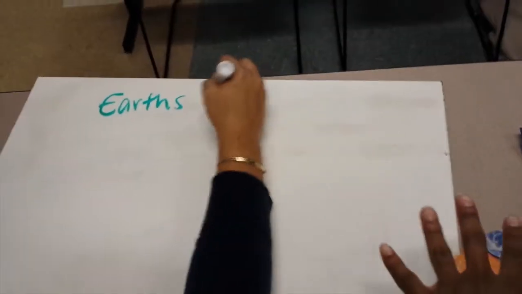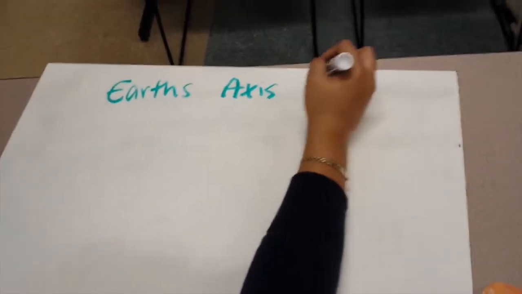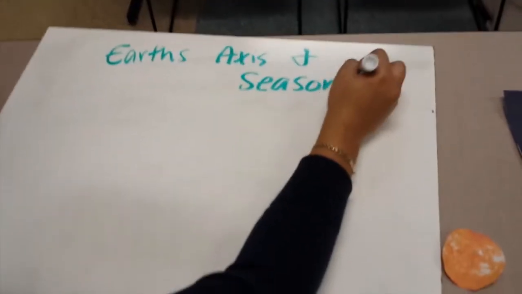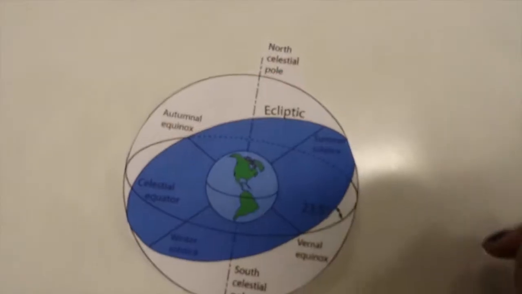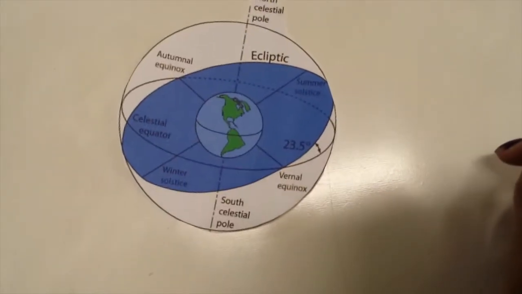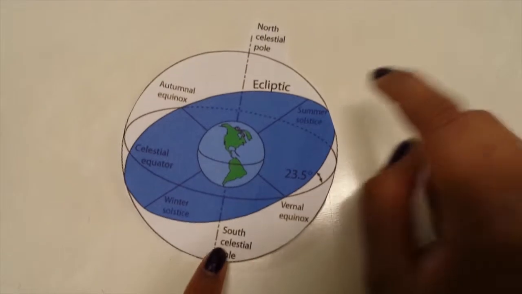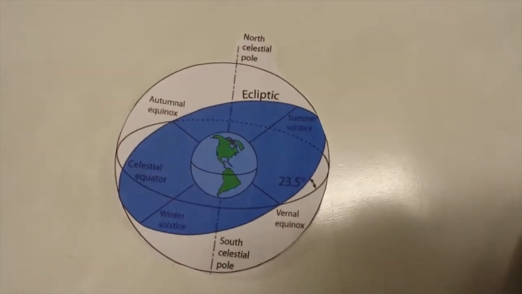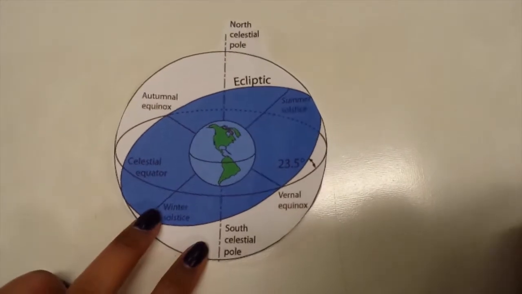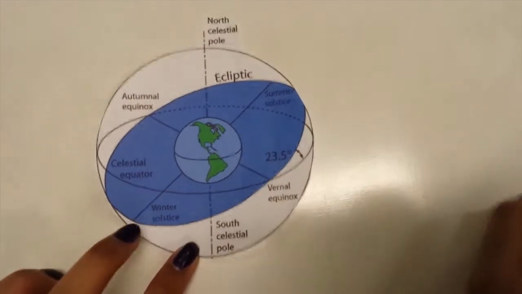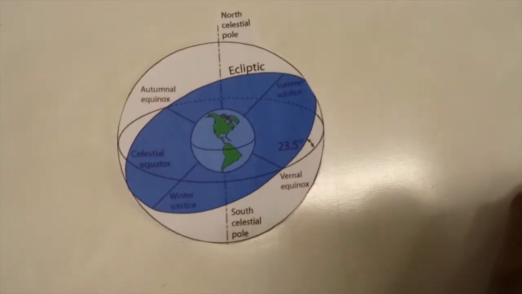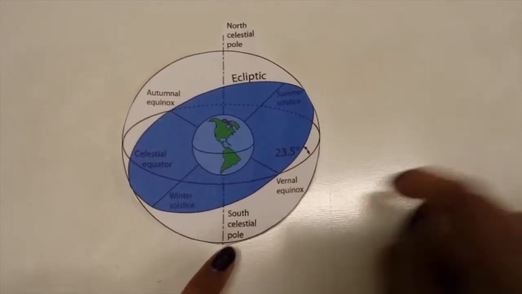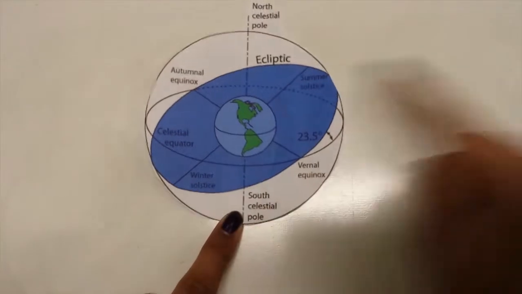Now we're going to talk about Earth's axis and seasons. The imaginary plane that connects Earth's orbit with the celestial sphere is called the plane of the ecliptic, and you'll see it right there. The apparent path of the Sun and the celestial equator intersect each other at an angle of 23.5 degrees.